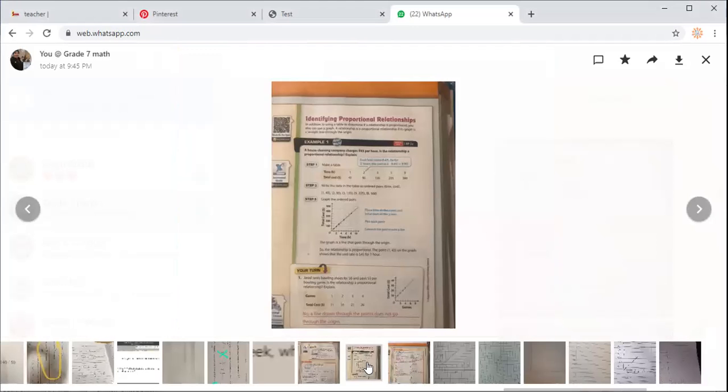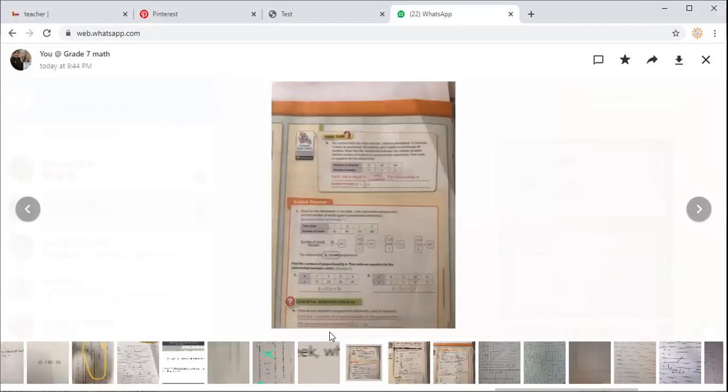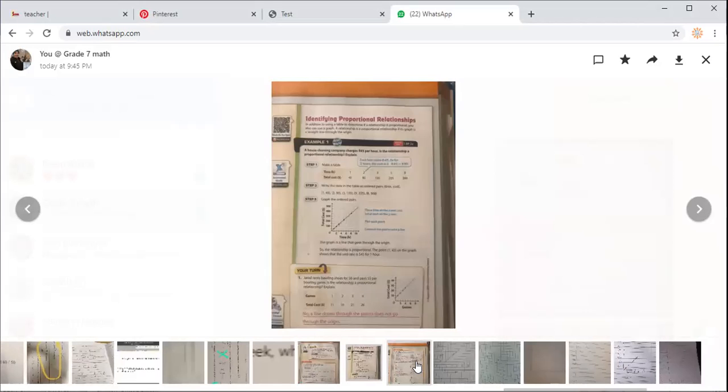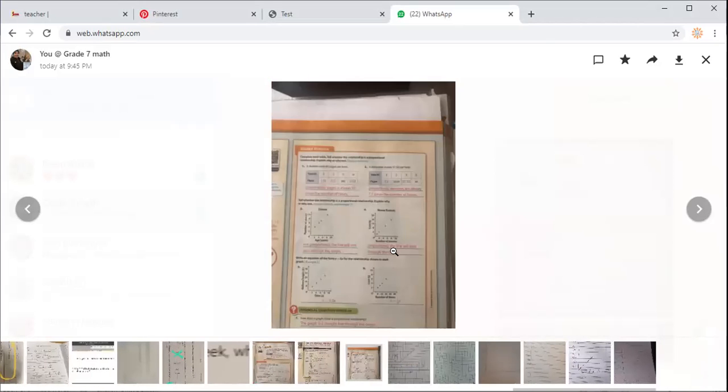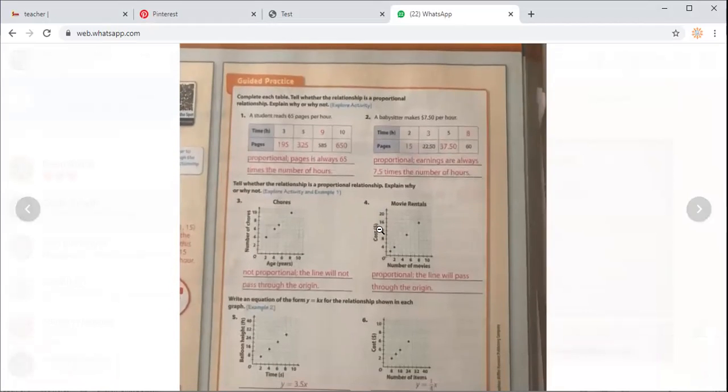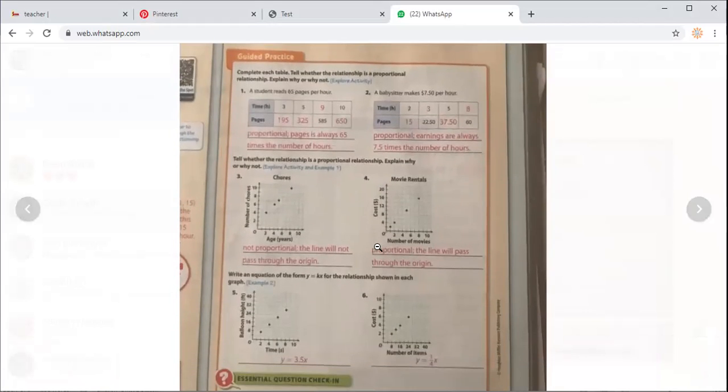The last part which we will discuss today together. So we discussed this one and this one too, so we have the third one here. This exercise you will find in your book, page 132. We have a table and we want to complete each table to decide whether the relation is a proportional relationship and explain.